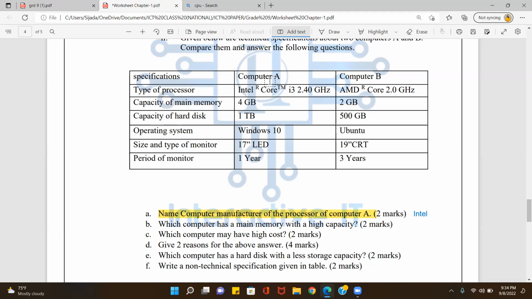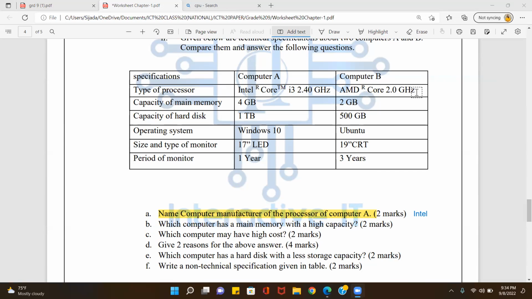What about computer B? Pentium. No, Pentium is an example, not a type. The type is single core or dual core. You can see it's Core 2, right? Core 2 belongs to what? Dual core.